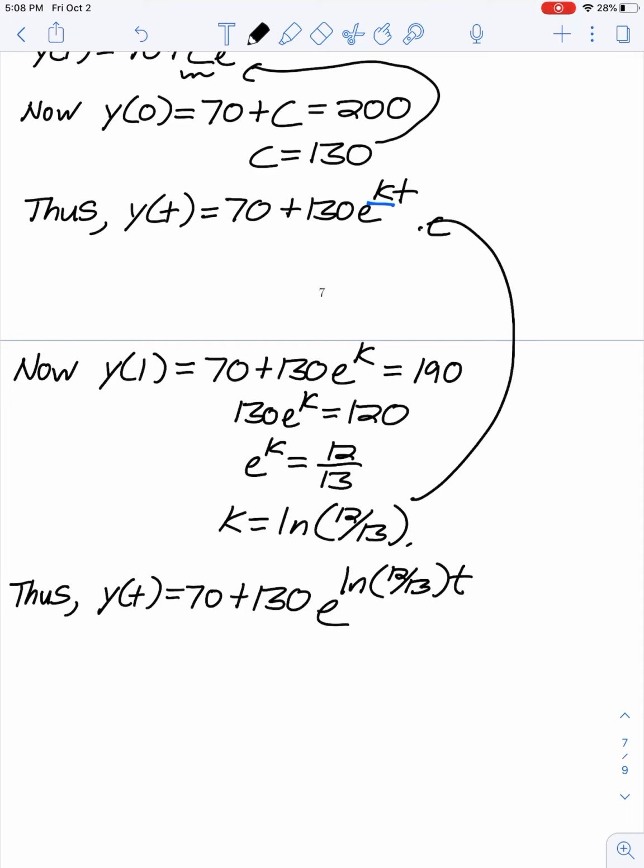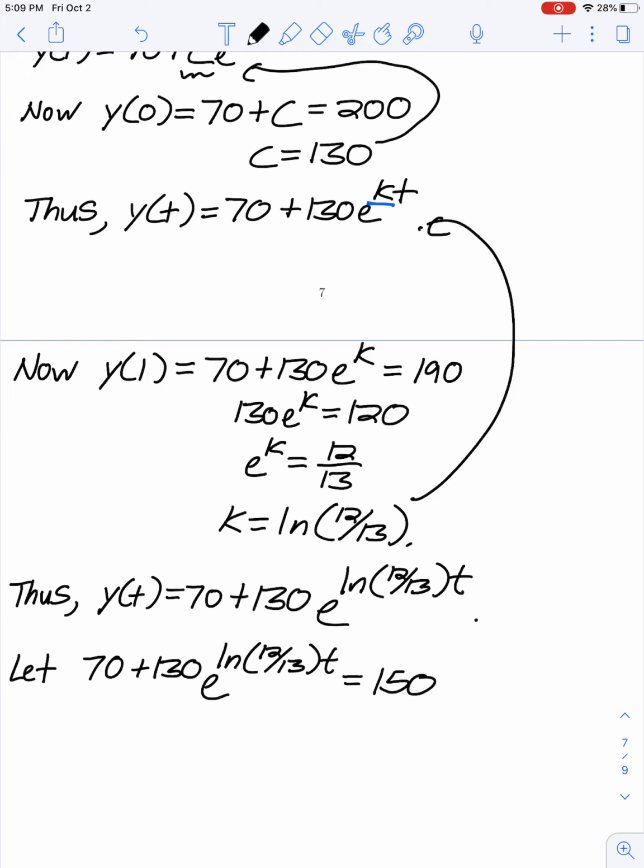Now, once I have this expression for the temperature at any given time, I'm ready to find the time at which this temperature will have cooled to 150. So to do that, I would take my expression for the temperature that we just found, and set this equal to 150.